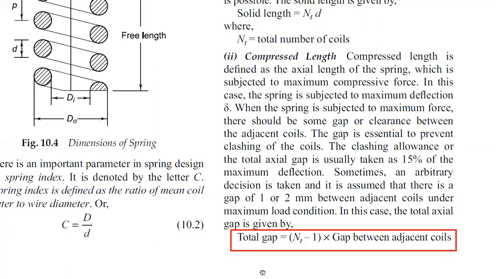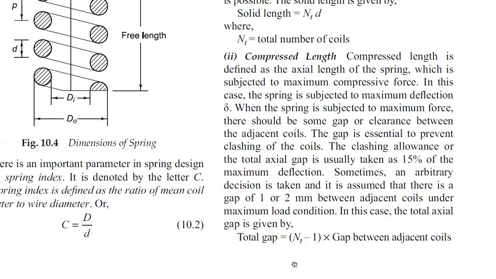So in this way, we are going to calculate the value of the total gap. Total gap is equal to Nt minus 1 multiplied by whatever the gap is between the adjacent coils.